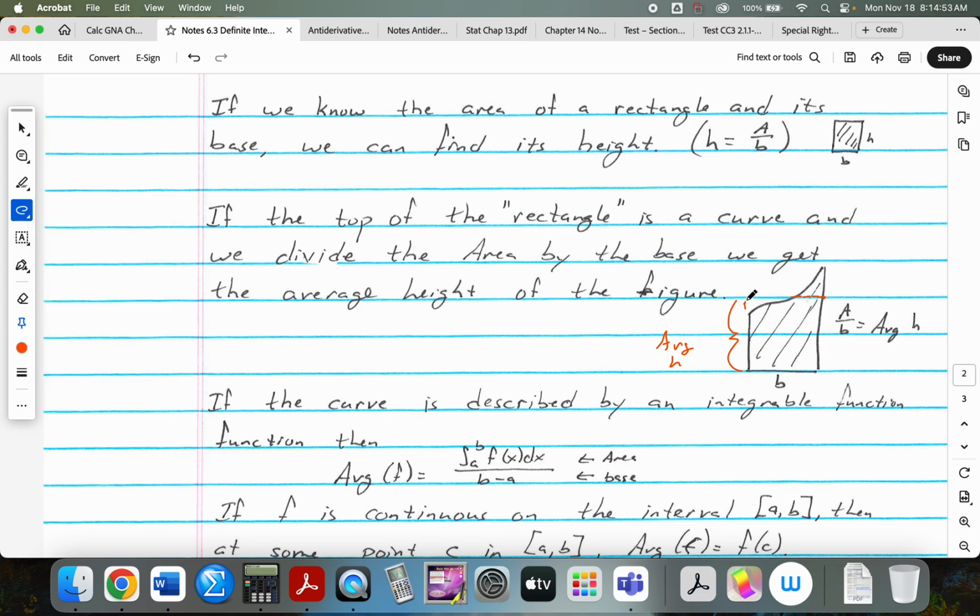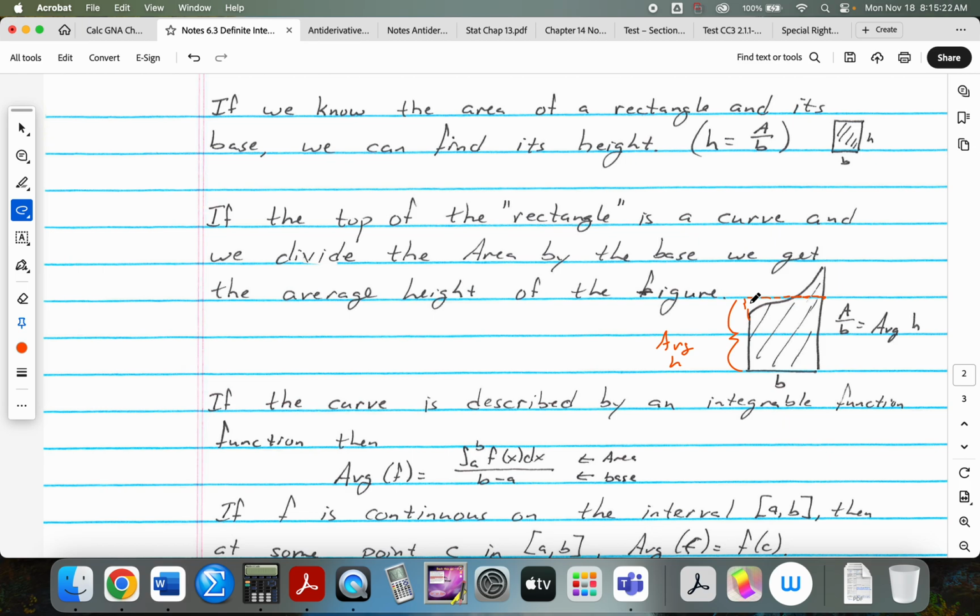What we're actually saying is that if I made a rectangle with this height, it would have the same area as this does. Or, to put it another way, sometimes students like this, if I cut this part off and melted it down, it would exactly fit this part. I could pour that extra into this gap here if I have found the average height.